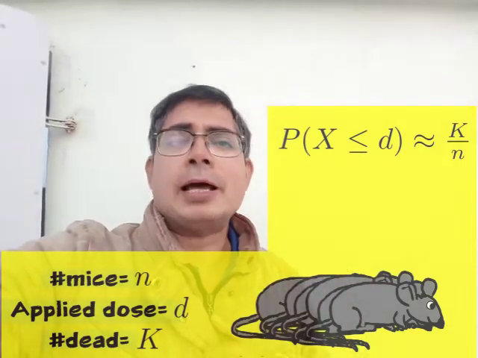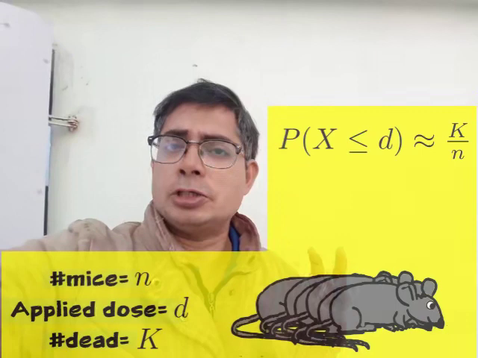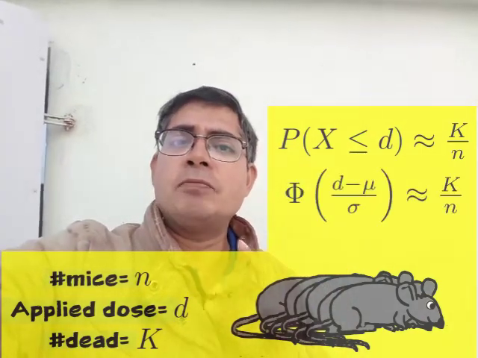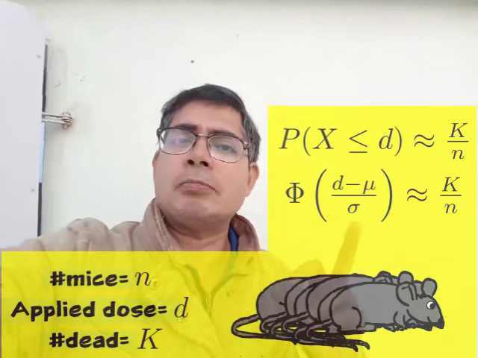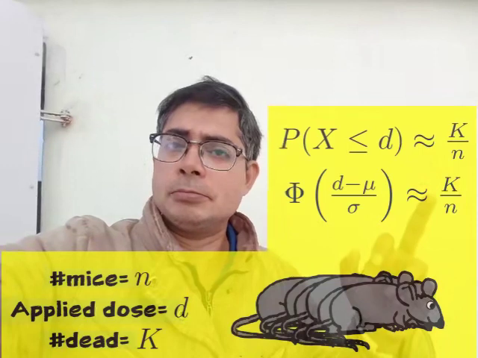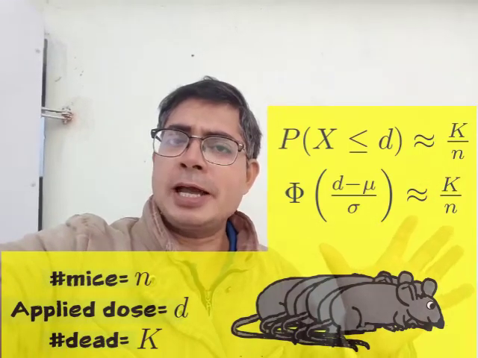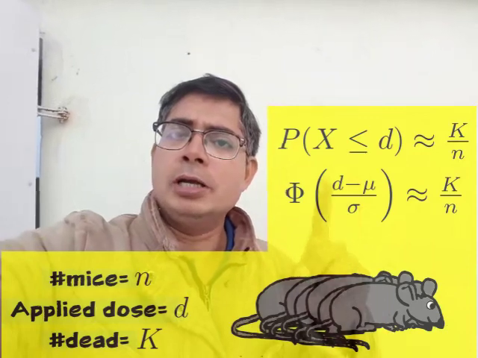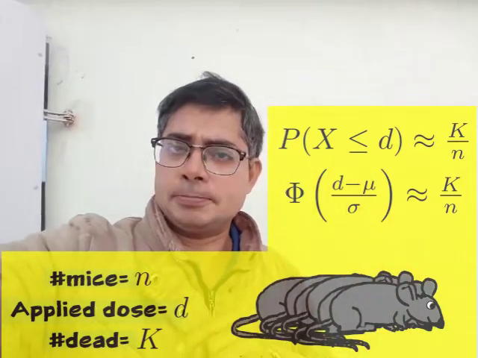Now remember that we were assuming a Gaussian distribution, so we can say that phi of (D minus mu) by sigma is approximately equal to K over N. Now in this entire thing, you do not know mu, you do not know sigma, you know everything else.